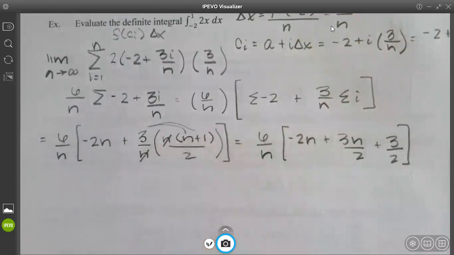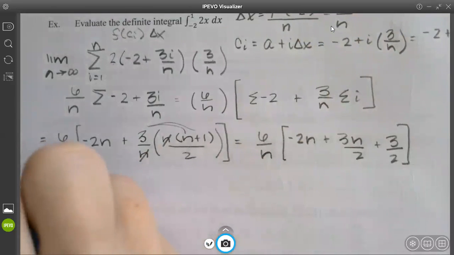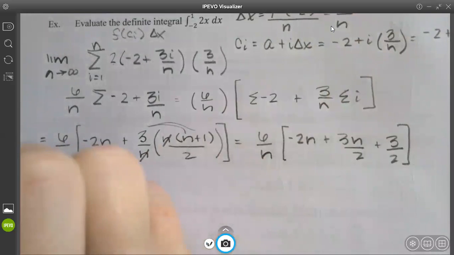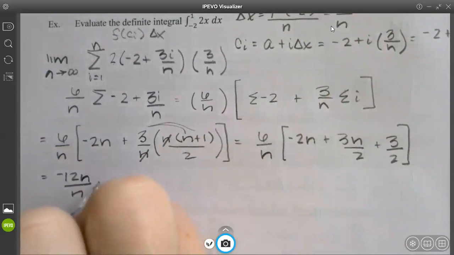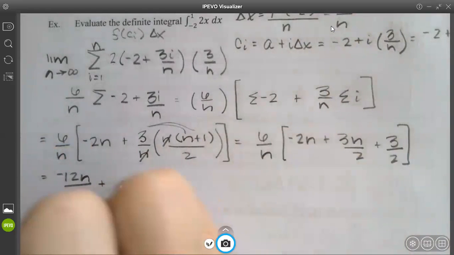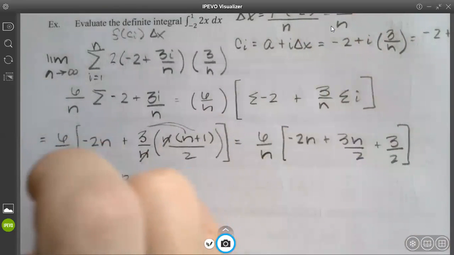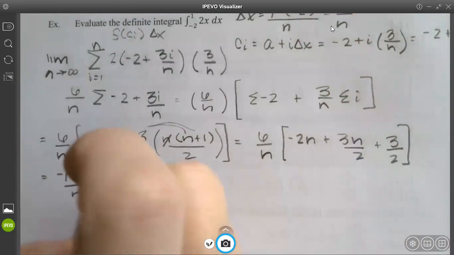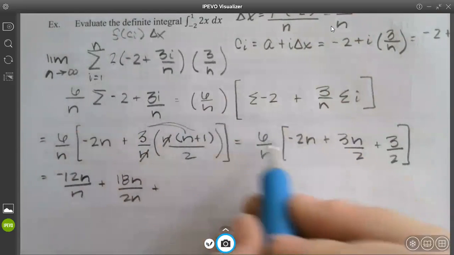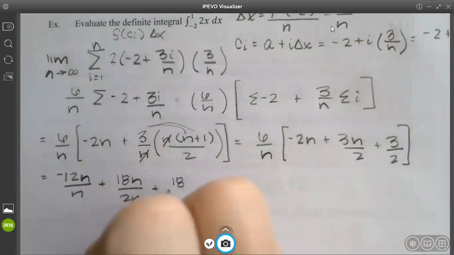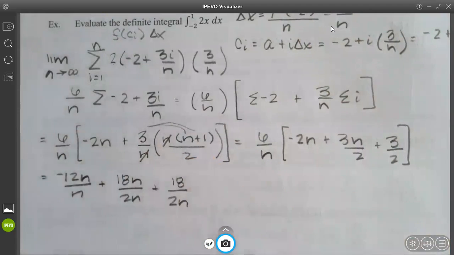I'm going to distribute my 6n in. So -12n over n plus 6 times 3 is 18n over 2n plus 6 times 3 is 18 over 2n.